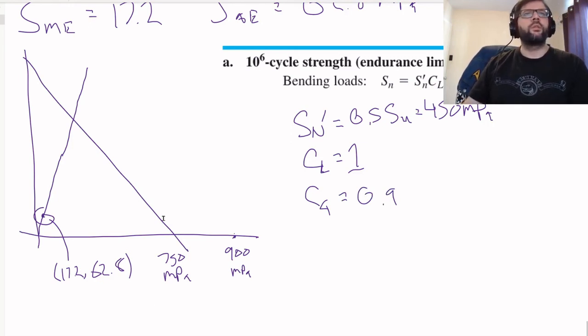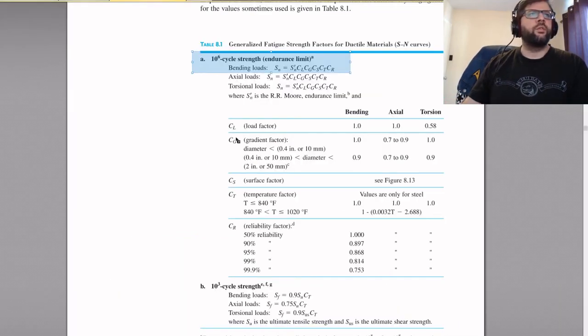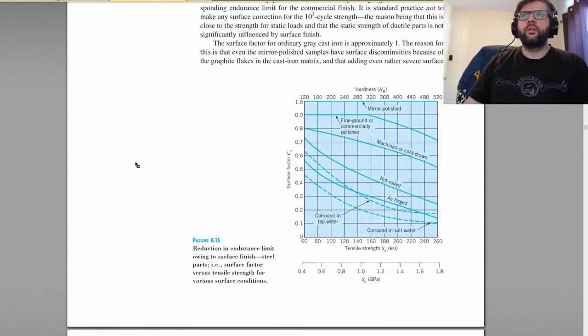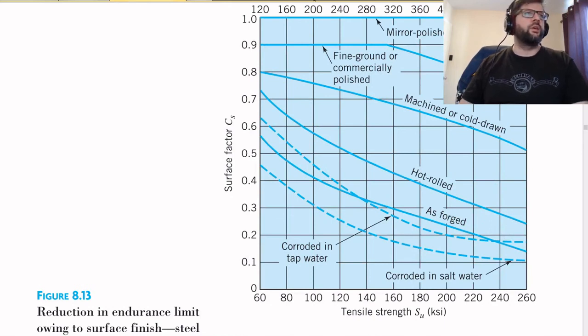Cs. So what were we told about the surface? We were told that the surface is machined. And that means that we can go to our figure 8.13, and we're going to be using this line here.